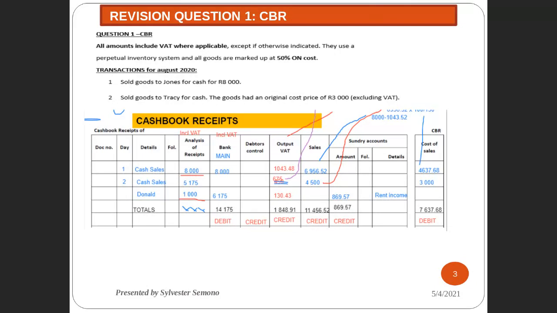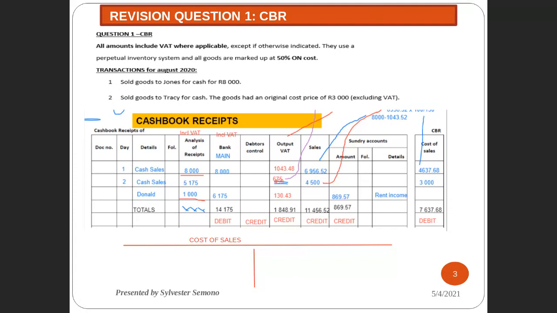Let's say now they want you to open the cost of sales. Please tell me under which side and how. Try it first. But just to give you a hint, I told you one day, cost of sales always goes with a certain account.